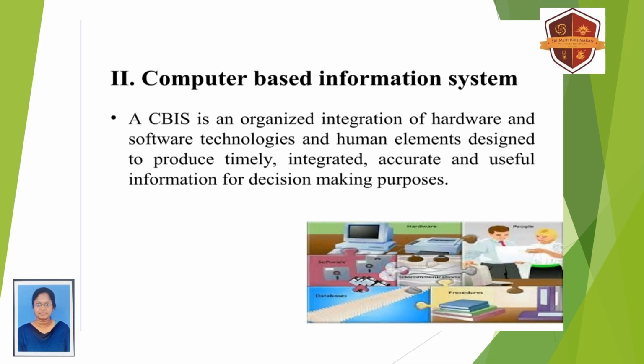Now we will see the computer-based information system. A computer-based information system is an organized integration of hardware and software technologies and human elements designed to produce timely, integrated, accurate, and useful information which is used for decision-making purposes. As the name suggests, here the humans just operate the computer, and it gives us all the information and all the needs of our business and objectives.